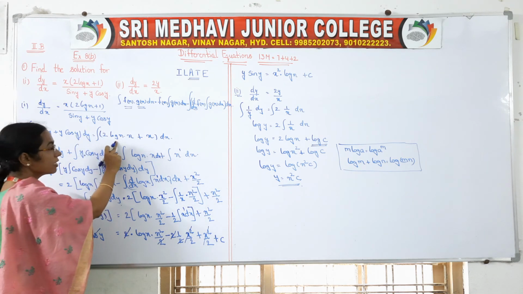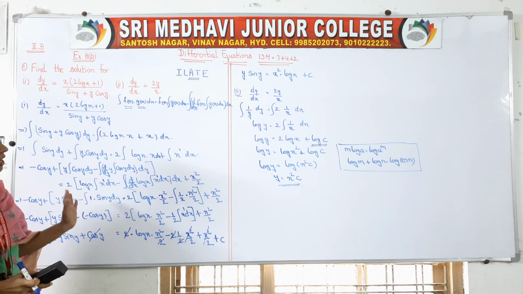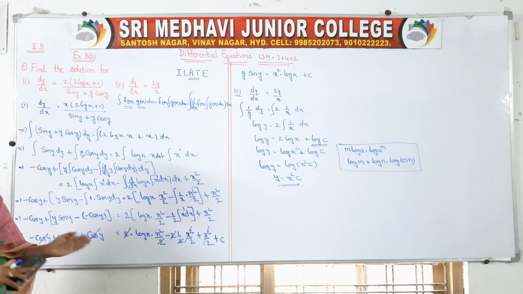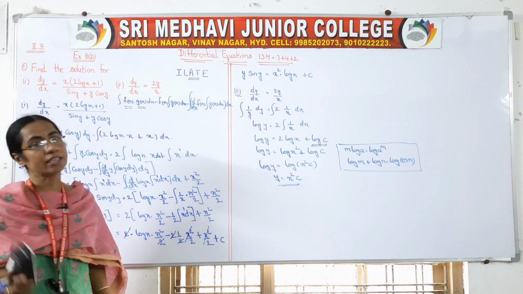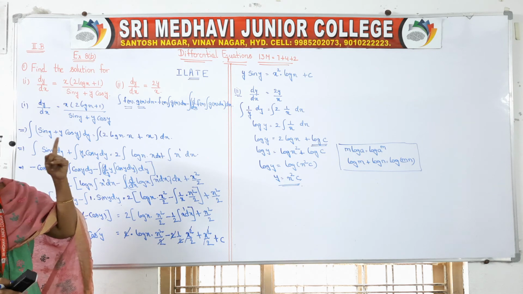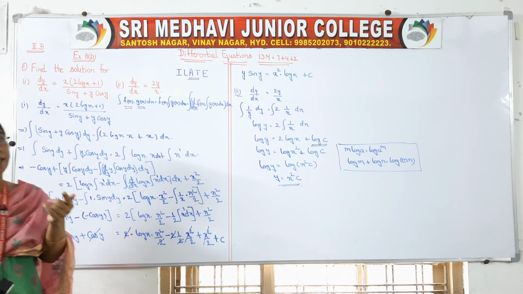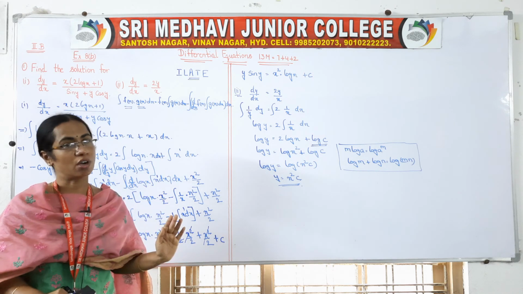So you can consider this as f of x and this as g of x. Okay, so they are in the order. Sometimes they will give x log x, then we have to take log x as f of x and x as g of x. Okay, so before taking the product, we have to check with that rule and decide which should be taken as f of x and which should be taken as g of x.